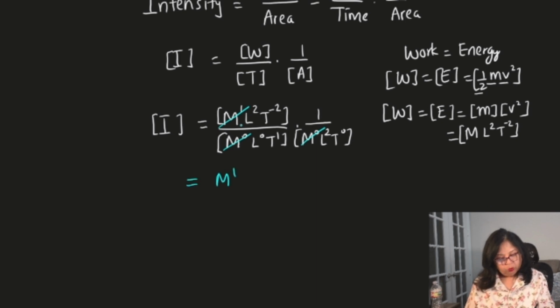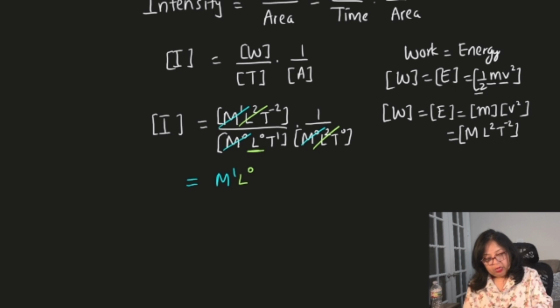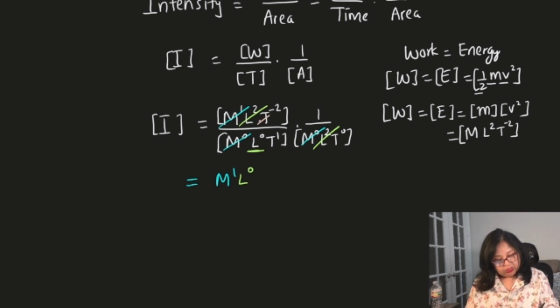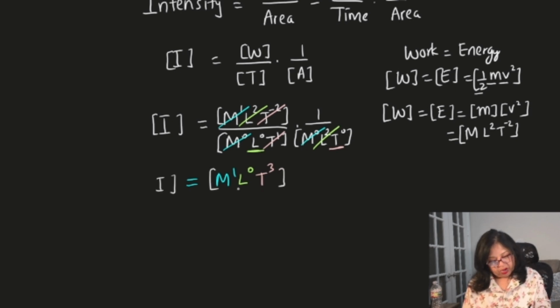M to the power 1. Next I have L to the power 2 divided by L to the power 2. These cancel out. We're left with L to the power 0. Lastly, I have t to the power minus 2 divided by t to the power 1. This t to the power 0 doesn't matter. This gives you t to the power minus 3. So here we got dimensional formula for I.